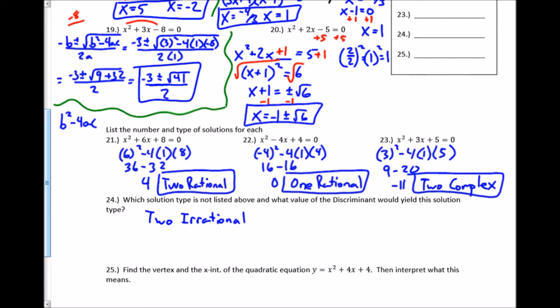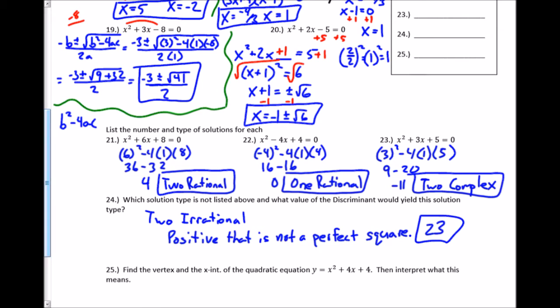And we get 2 irrational solutions when the discriminant is a positive that's not a perfect square. And an example of that would be something like, I don't know, 23. Why not?